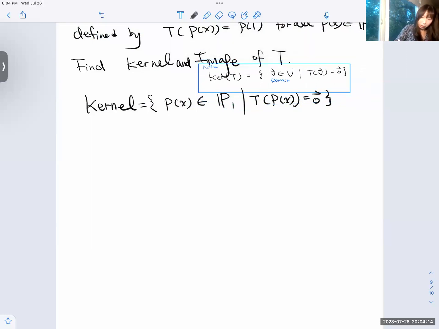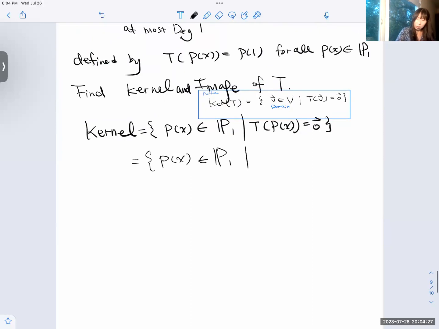Okay, then we can continue. So we get P of 1 equals the 0 vector, which is the 0 polynomial.